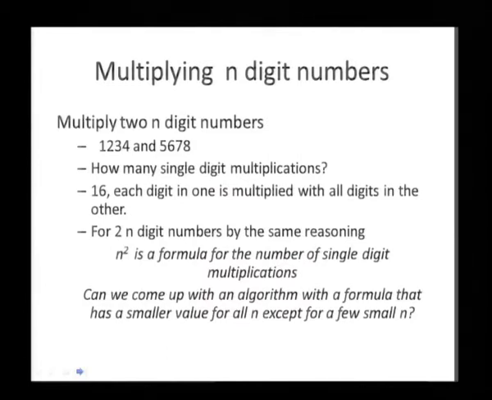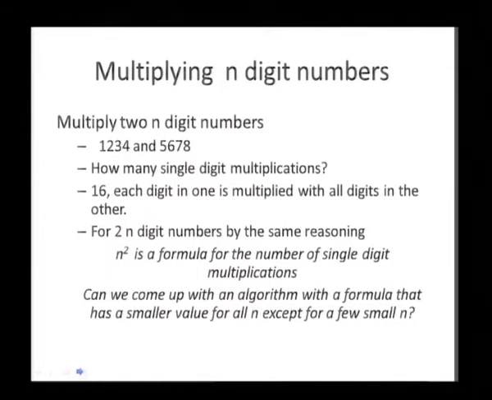We discard that assumption and now explore the challenge of multiplying 2 n digit numbers. The two numbers have n digits and we want to count the total number of single digit multiplications required to multiply them.